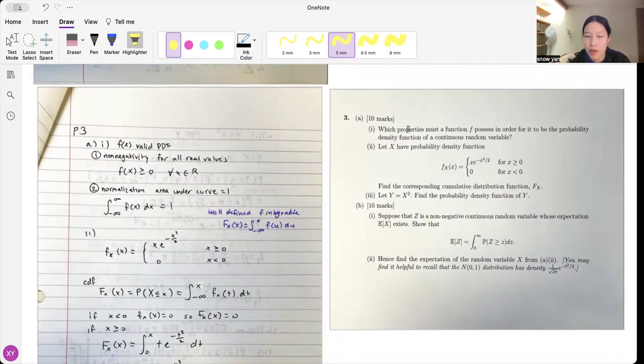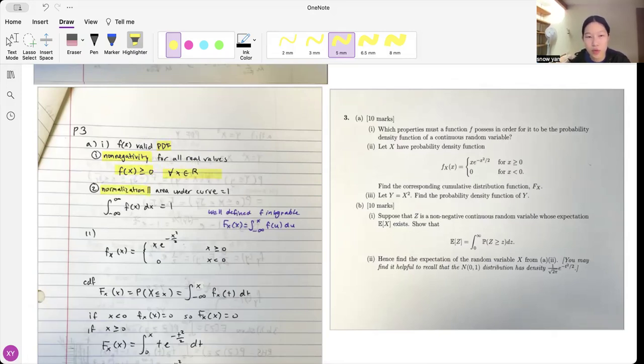So here we have: which properties must a function f possess in order for it to be the probability density function of a continuous random variable? This is probably pretty standard book work. To be a valid PDF, there are 2 conditions that must be satisfied. The first is non-negativity for all real values, so f(x) is greater than or equal to 0 for all real x.